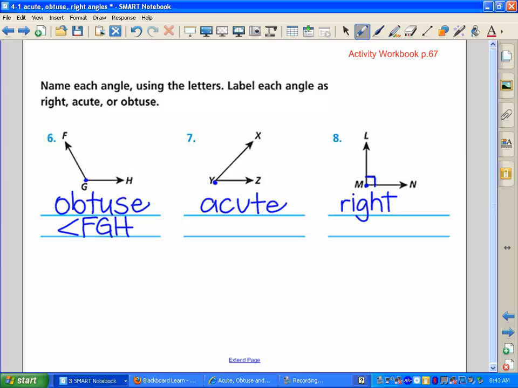Okay, you write number 7 and number 8. Write the angles for each one. Please do not forget to include your vertex. 7 and 8. Make sure you have your angle symbol.